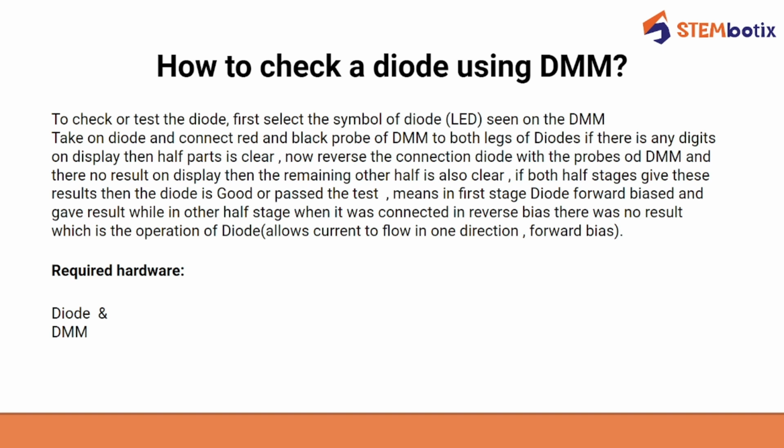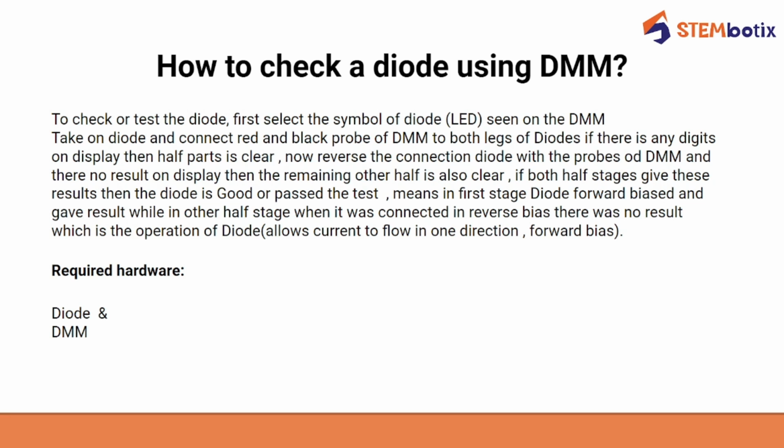So the first one was for the forward bias connection and the later half was for reverse bias connection. If in the first connection you are getting some result, and after that when you reverse the connection you are getting nothing or zero as output, then it means your diode is good, or you can say your diode has passed the test.